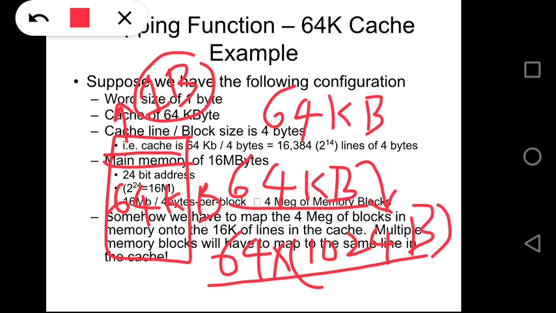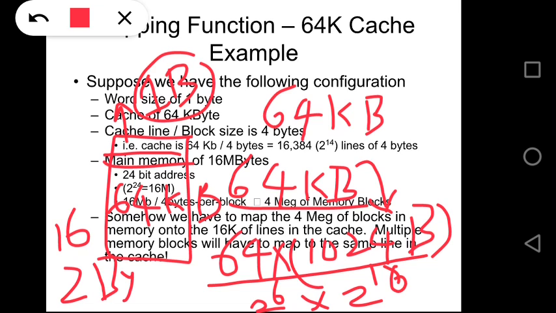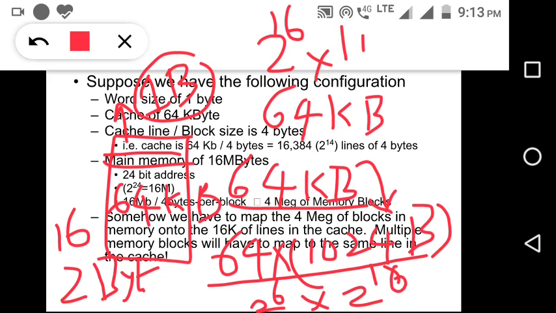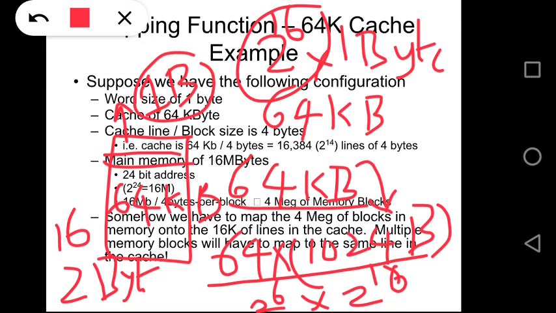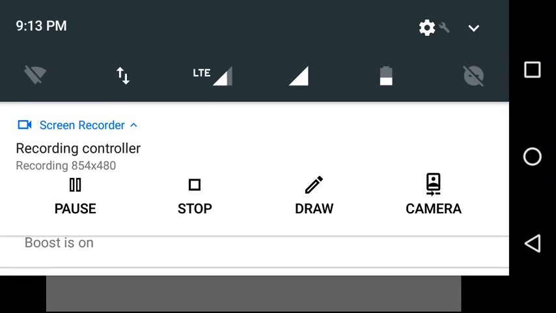So 1024 means 2 power 10 into 2 power 6, since 64 is nothing but 2 power 6. So a total of 2 power 16 bytes, so 2 power 16 into 1 byte. How many memory locations or memory words does it contain? 2 power 16. This is the way of understanding.